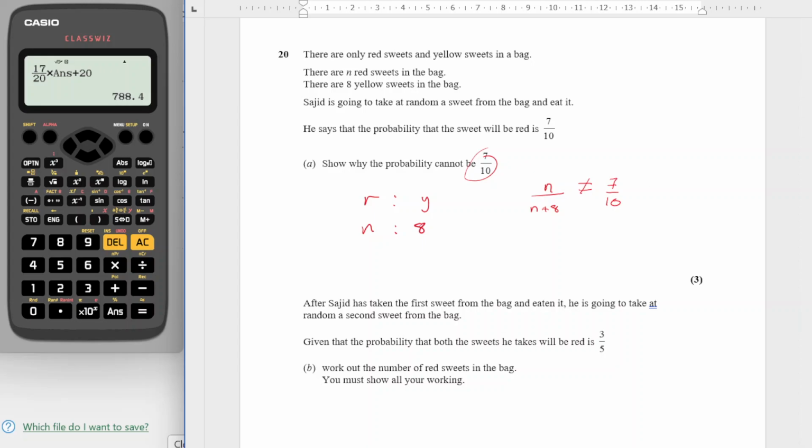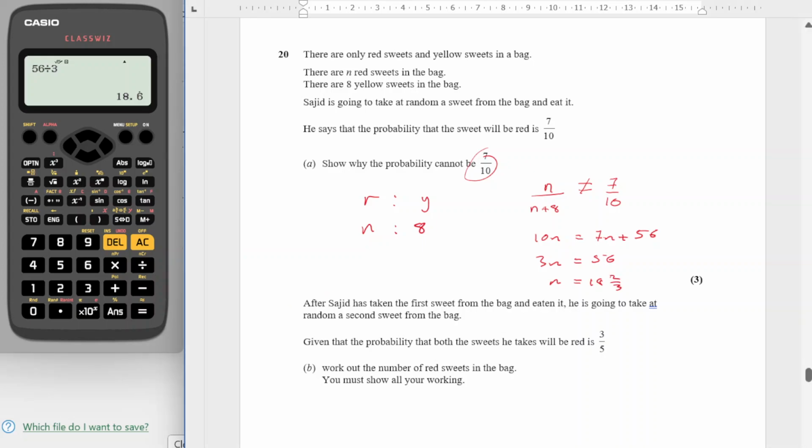So if I multiply this out, I would get 10n being equal to 7n plus 56. So 3n is equal to 56, so n is equal to 56 divided by 3, which doesn't simplify at all, which is 18 2/3.